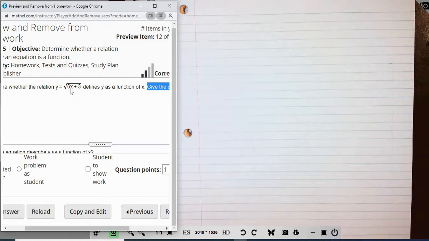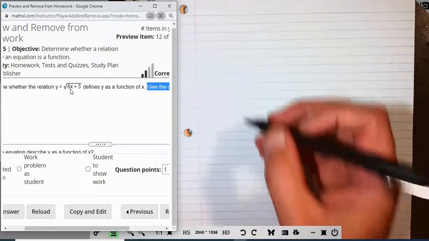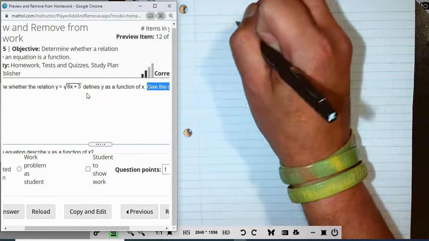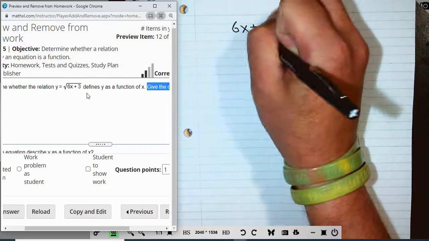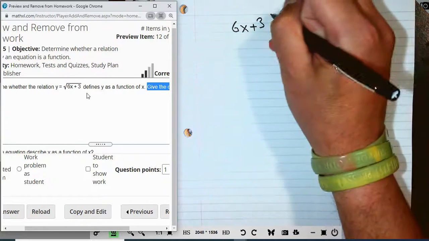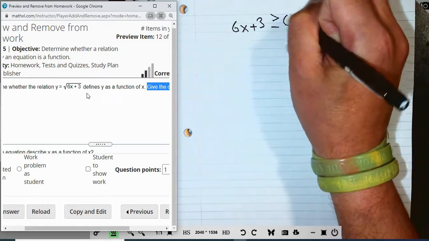So, to find which values are going to be excluded from this particular square root function, we take the radicand, which remember is the value underneath the radical sign. That radicand is 6x plus 3, and we set up an inequality: greater than or equal to 0.